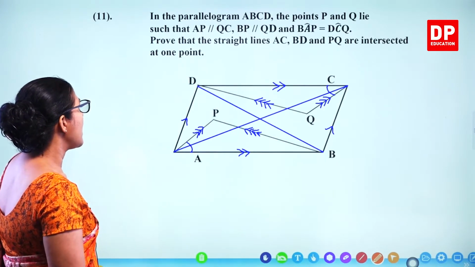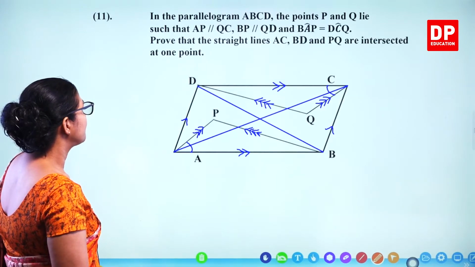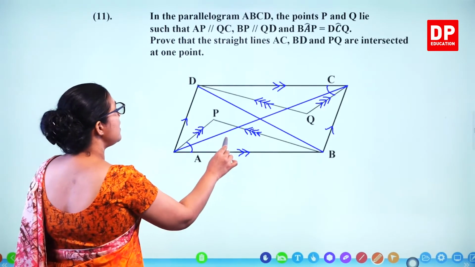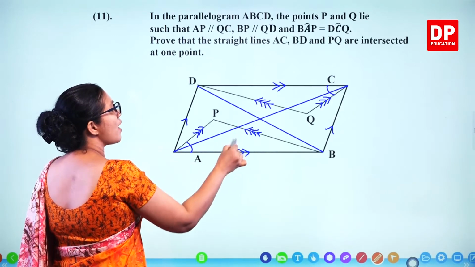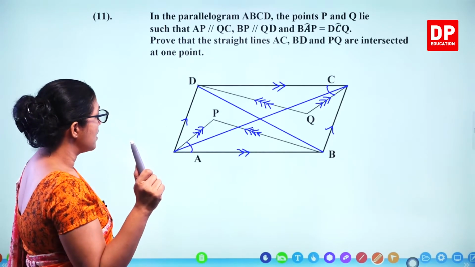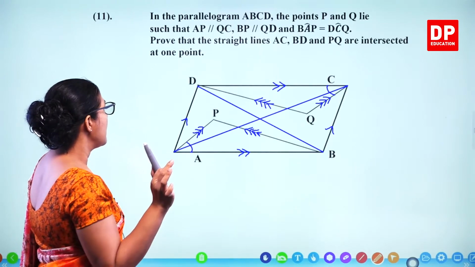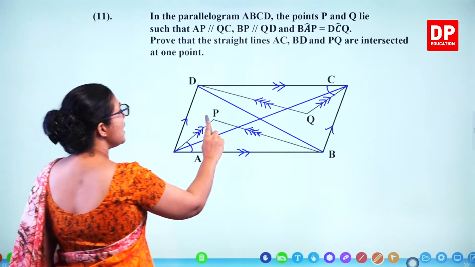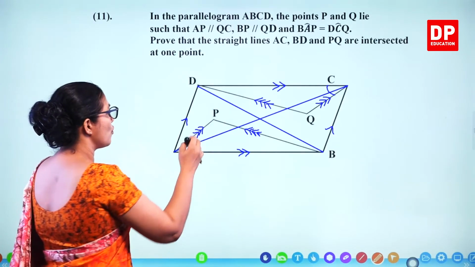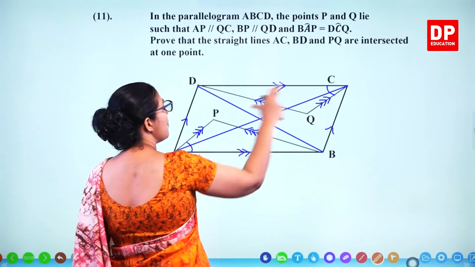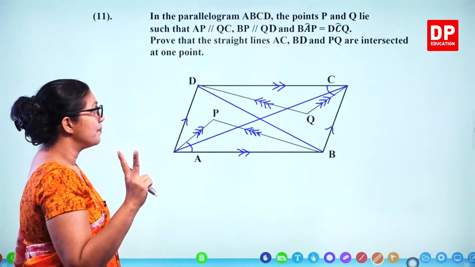So if we can show that these two triangles are congruent, we can say PCQA is a parallelogram. So opposite sides are equal and parallel, that's a parallelogram.